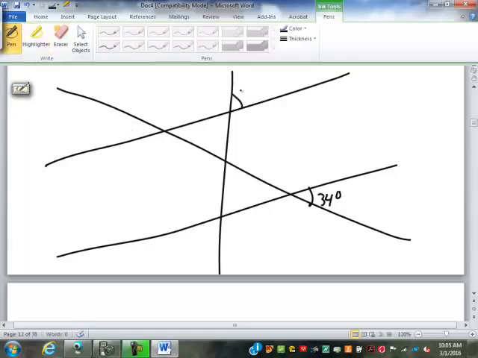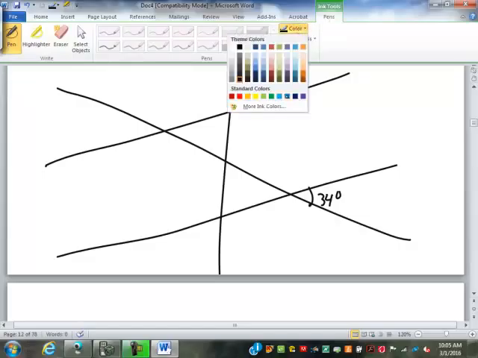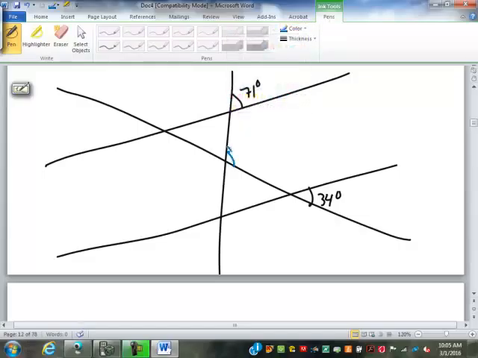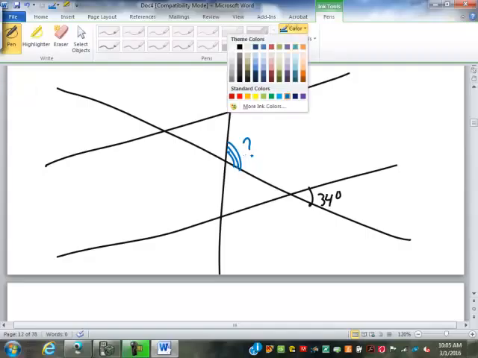How about this angle here is 71 degrees? I want you to find this angle right here for me. Give it a shot. Not as tough as it looks.